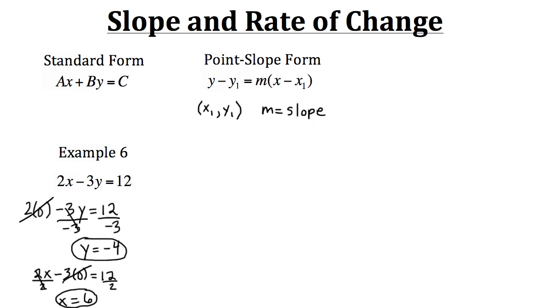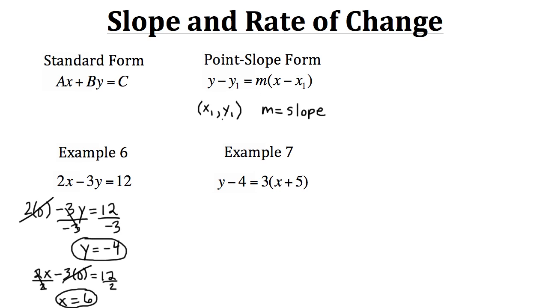Now let's take a look at an example of what a linear function would look like in this form. So let's take a look at example 7. So here, if we were given this function and wanted to graph it, we could find the point and a slope. So first of all, the point is going to be the x1 and y1 from the formula.